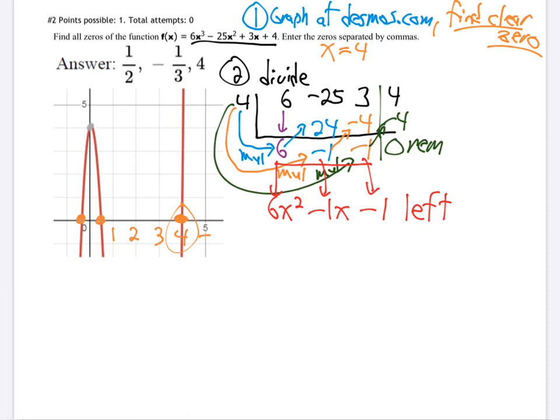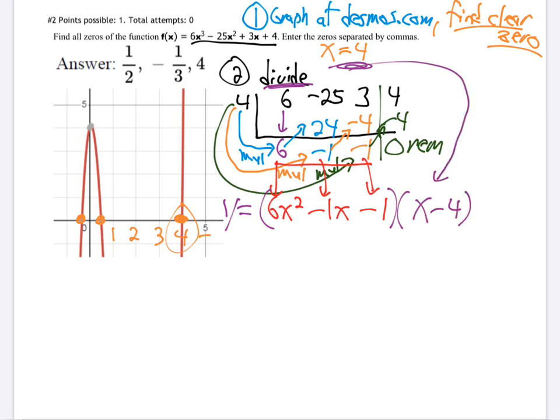So now we can either factor that or we can do the quad. So step 2 is to divide. And so this is what's left on the top. What we're saying is we now have y equals this times, and then this x equals 4. Remember, that's x minus 4, right? It's the opposite whenever you put the parentheses next to a single x.